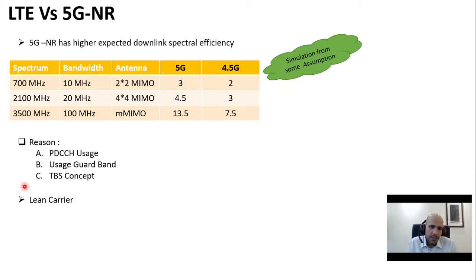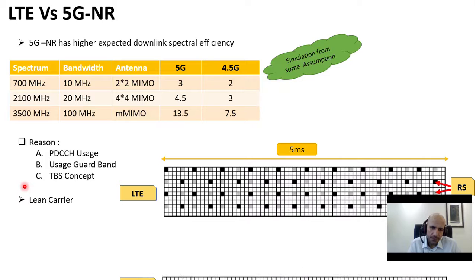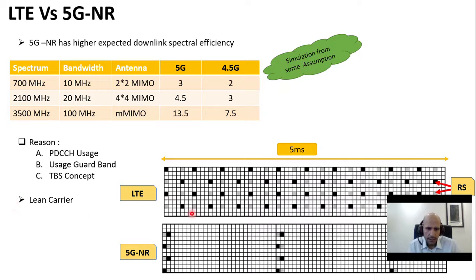The fourth difference is the link adaptation area. As I said before, in LTE, CRS is used to estimate the channel, and it is always transmitted in 4G, whereas 5G tries to eliminate the use of CRS.